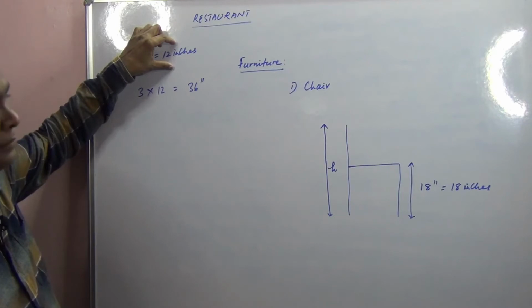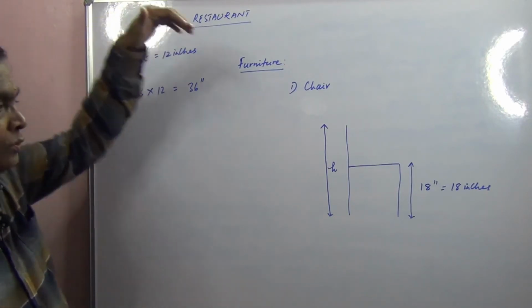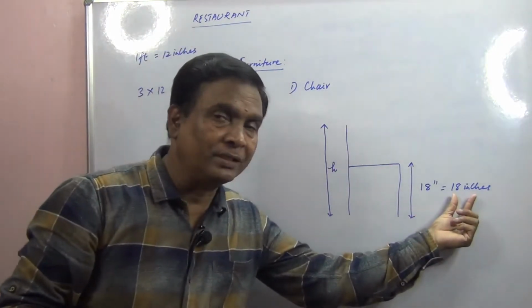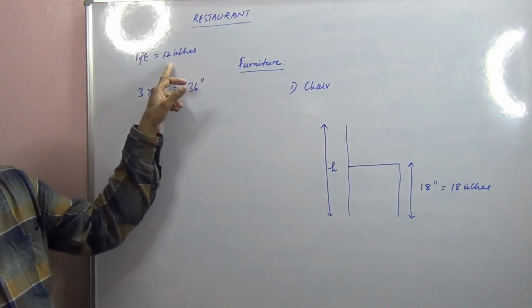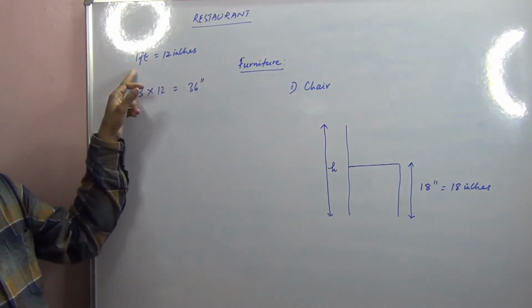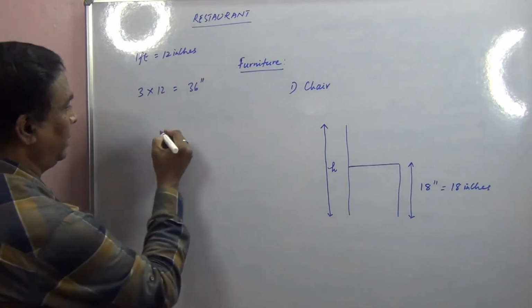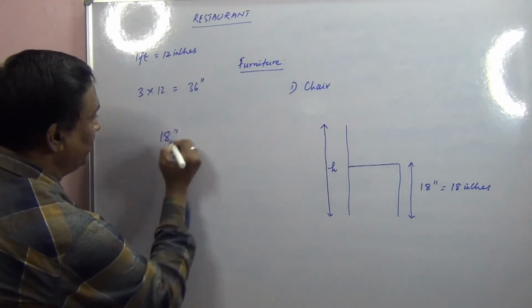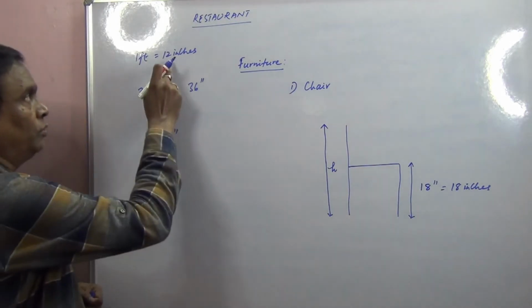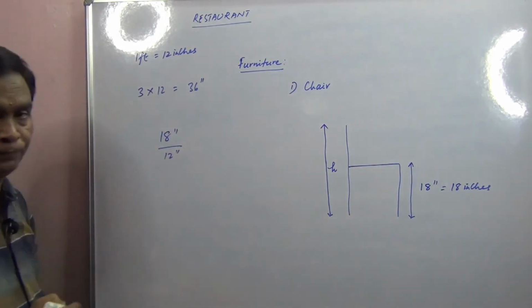We know very well that. Because we are converting inches into feet, total inches must be divided by 12 inches. 12 inches equals 1 feet. Therefore 18 inches should be divided by 12 inches.